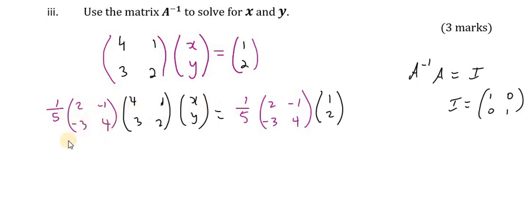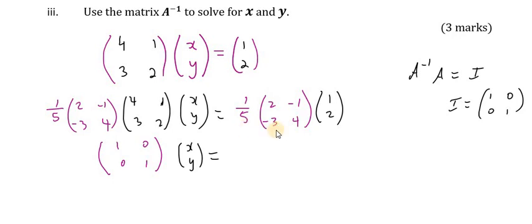But we know that when we multiply the inverse of a matrix by the same matrix, the inverse of A by A, we're going to get the identity matrix. So all we need to do, since we already know what the answer will be, we just put 1, 0, 0, 1. This identity matrix is the answer for this portion here, the inverse times A. Then we'll put back the 2 by 1 matrix with entries x and y.